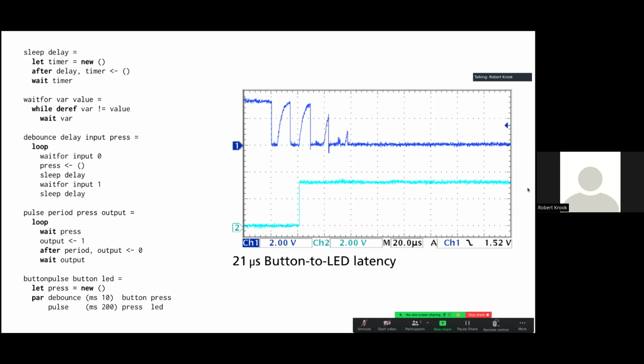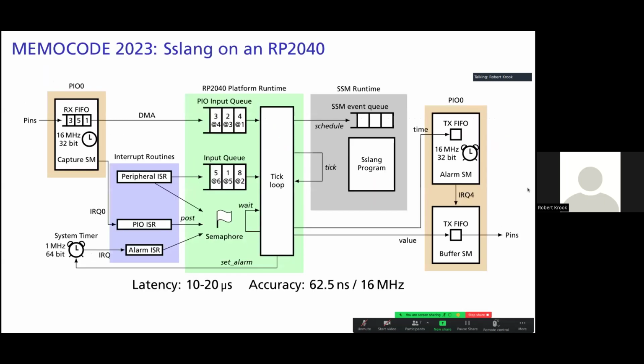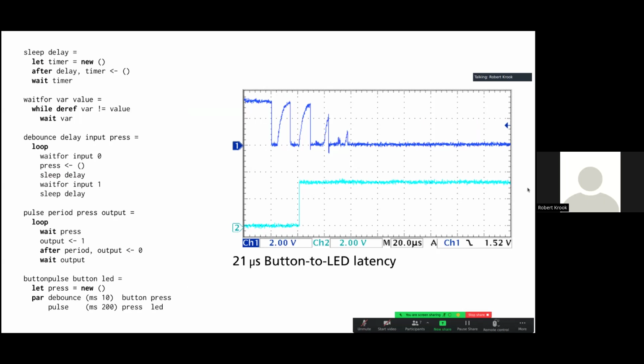Now, this is a problem. It's not 0, it's 21 microseconds delay from input to output, and all of that is coming from all this stuff going on. Plus this. So it could be better, but it could be a lot worse.